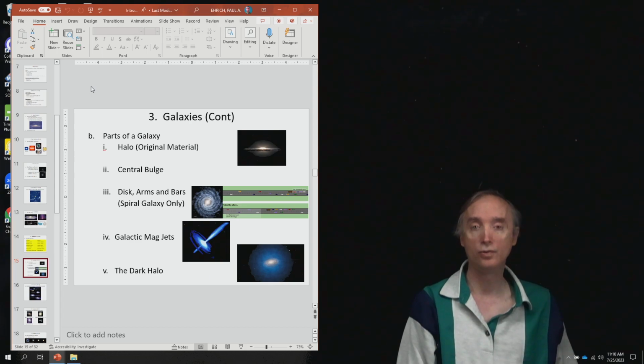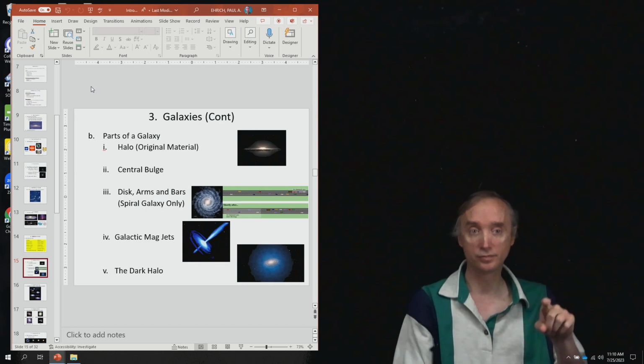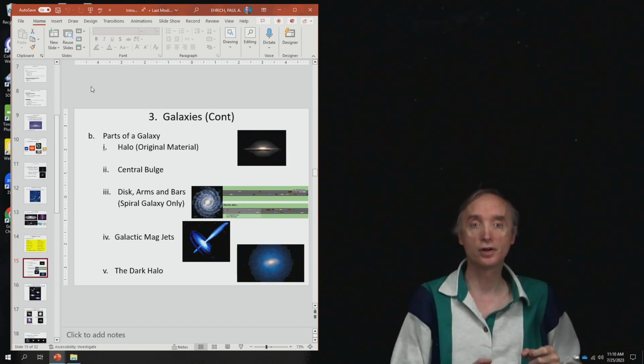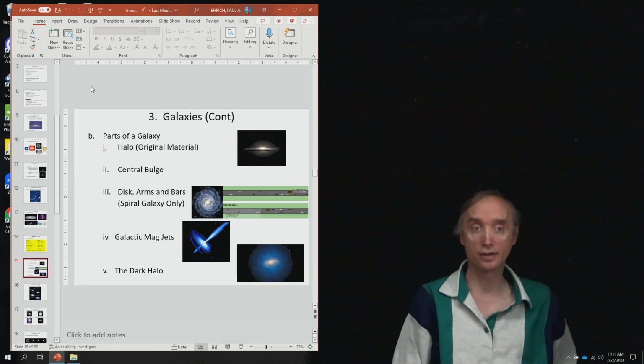Then you ought to know what the disk of a spiral galaxy is, and what the arms of a spiral galaxy are. And you also ought to know what causes those arms to form in the first place. Then you ought to know that galaxies have magnetic jets. Earth has a magnetic field that comes out the north and in the south, and the sun has a magnetic field, and so do galaxies.